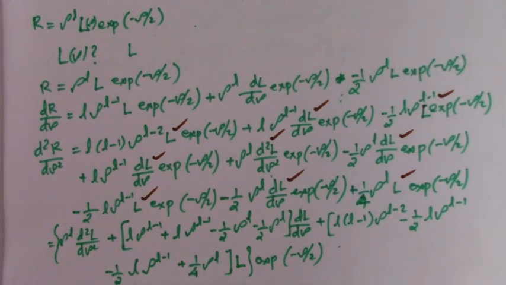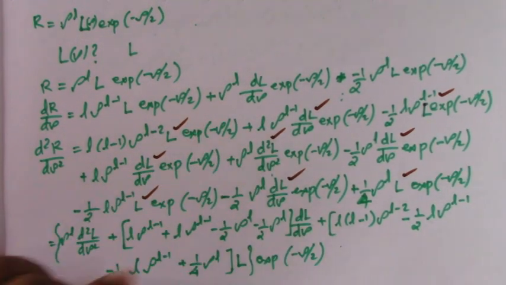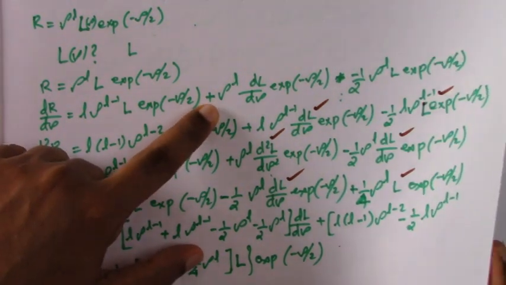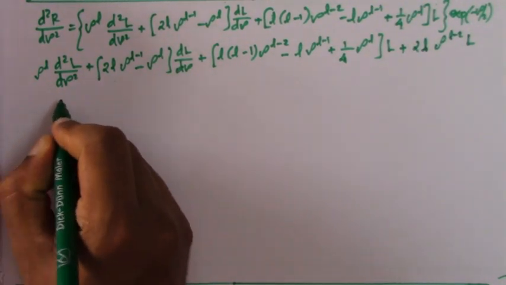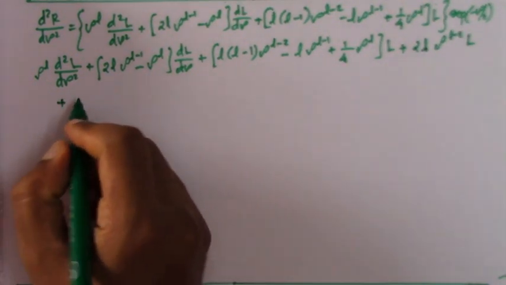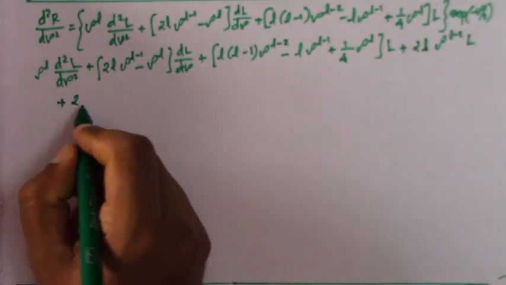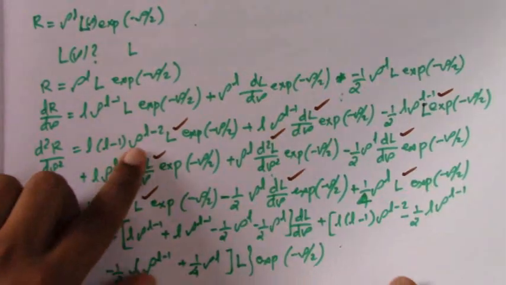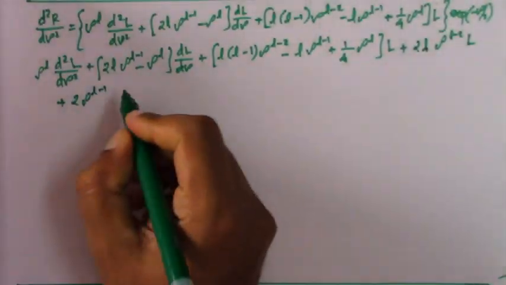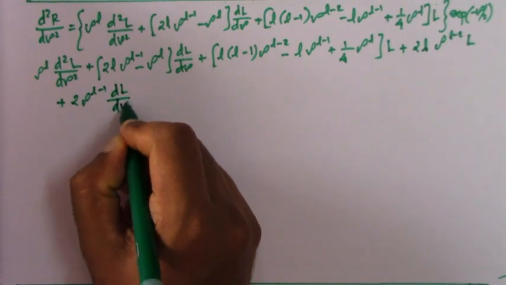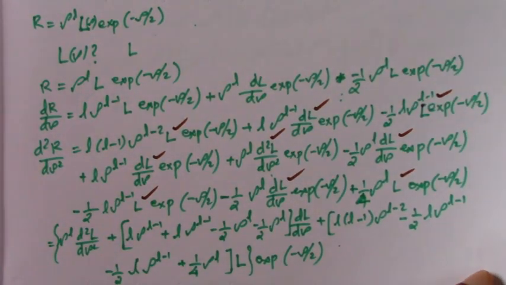Then again multiplied by 2 by rho, we get plus 2 rho raised to L minus 1 dL by d rho, and exponential minus rho by 2, that we are going to write.